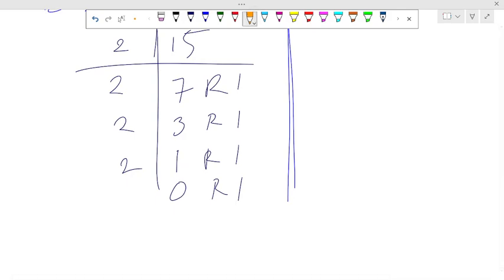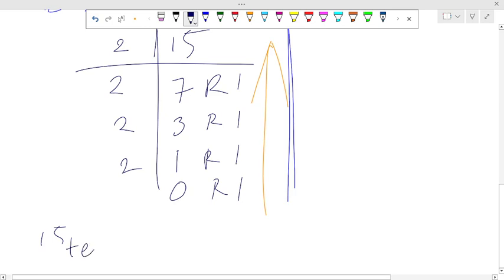Then you put an arrow, and you say 15 in base 10 equals, starting from the bottom, 1 1 1 1 in base 2. This is how you convert any number in base 10 to base 2.